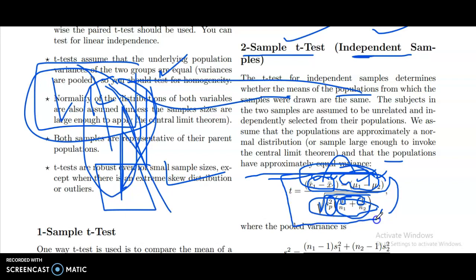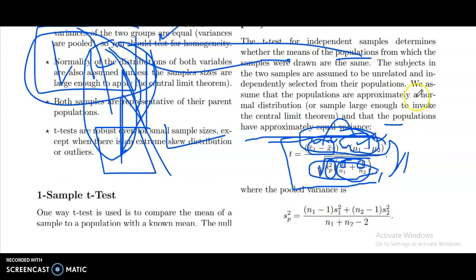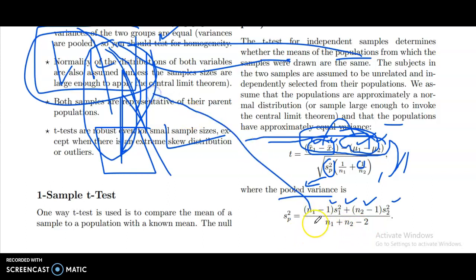This is the t-test, where the pooled variance s square p is equal to (n1 minus 1) s1 square plus (n2 minus 1) s2 square, divided by n1 plus n2 minus 2. See here, n1 is from the first sample, then deduct 1; for example 50, maybe 49.